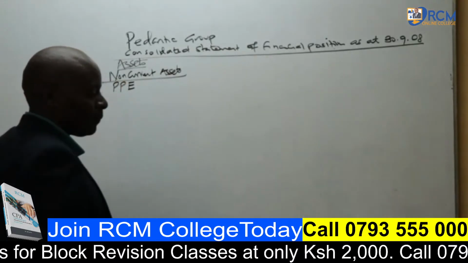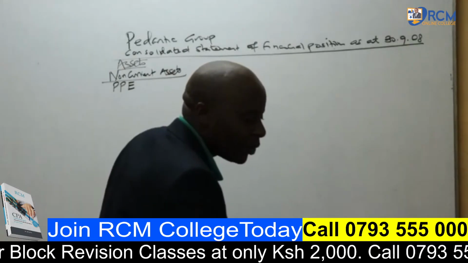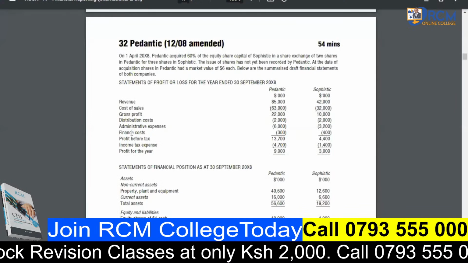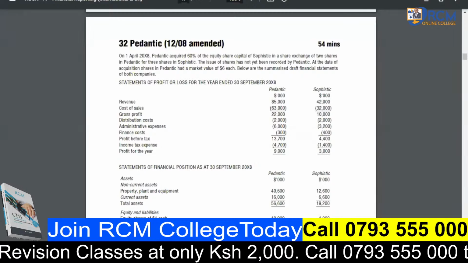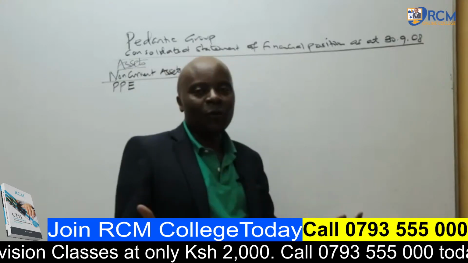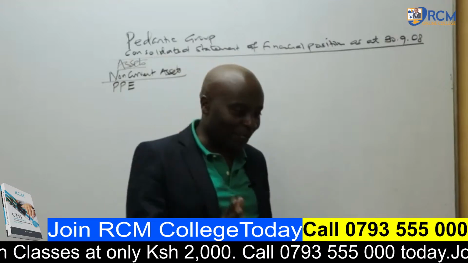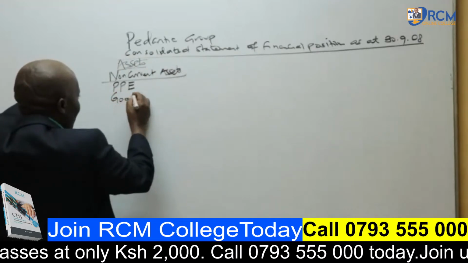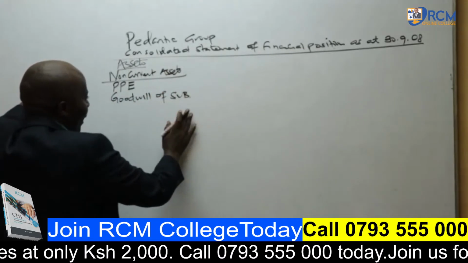And in the non-current assets, even if I'm not told, so long as I've got subsidiaries, I must create a provision of goodwill for my subsidiaries. Anytime you've got subsidiaries, as a non-current asset, you must give us your goodwill. Goodwill of subs. You don't write in full goodwill of subs like that.